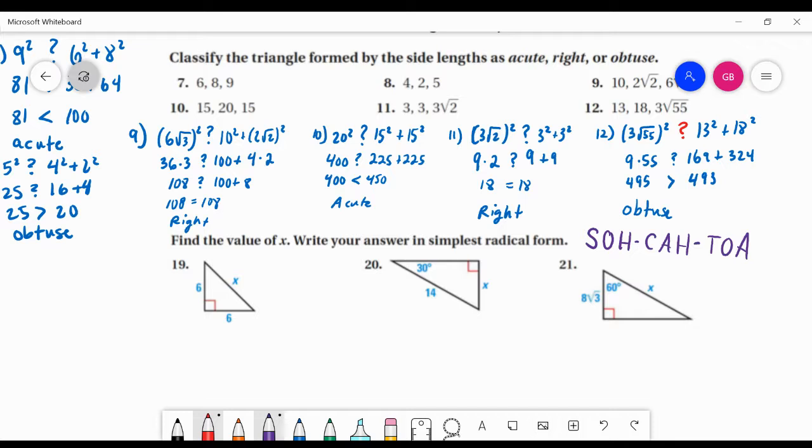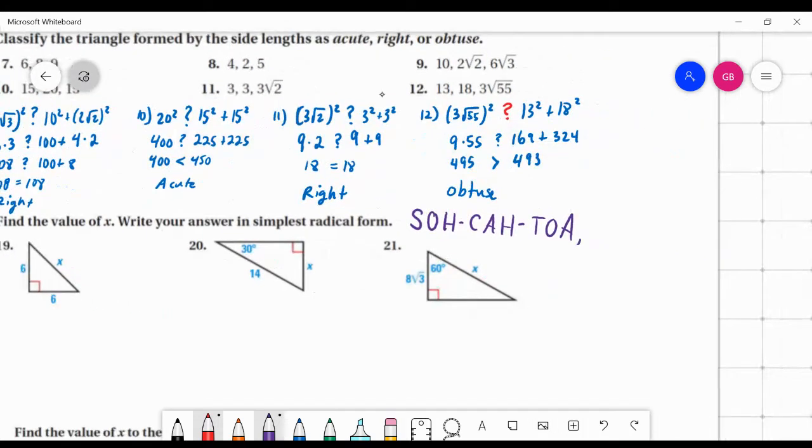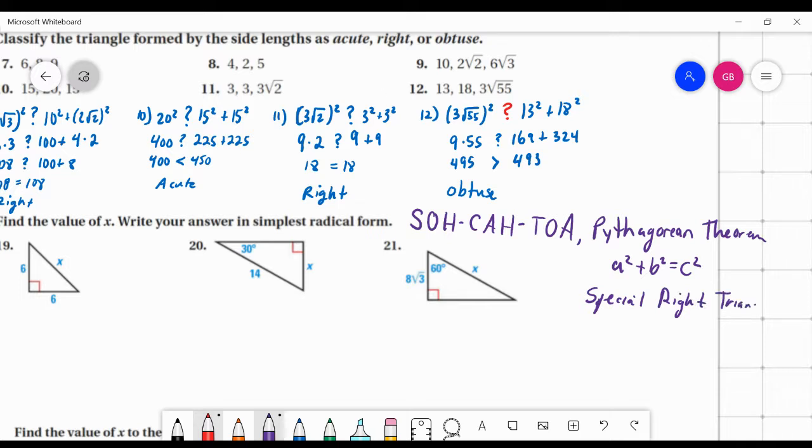You could use that. When you have a right triangle, you could use Pythagorean theorem. And you could also use special right triangles.